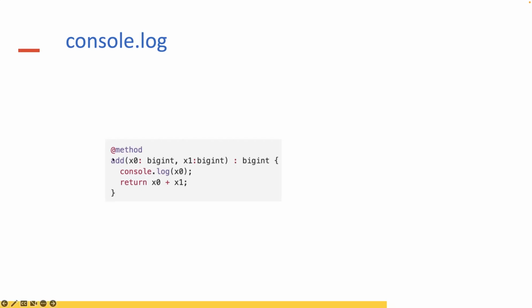For example, here is the method we have seen before, where you can add two big numbers, bigints. If you put a normal built-in function from TypeScript here, it's not going to recognize it. It will report a compile time error. There are a few exceptions, and one of the most important is console log, because we want to enable you to debug, or print all kinds of auxiliary information when you are debugging the program. So we make one exception: console log you can use in the smart contract environment.